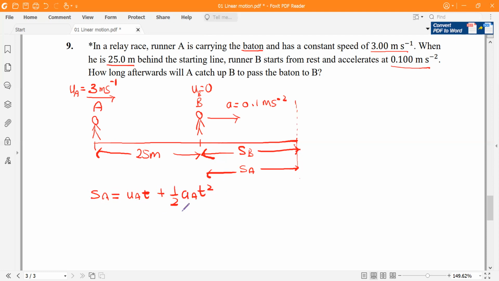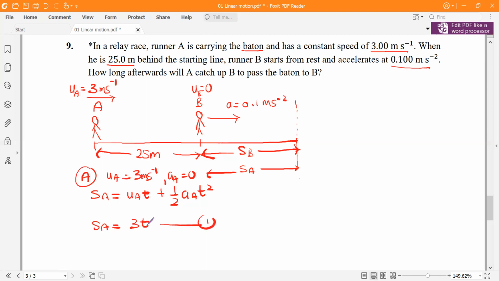But for runner A, my UA is equivalent to the constant speed and my acceleration is equivalent to 0. So therefore SA is 3 multiplied by the time. That is my SA, the distance traveled with a constant speed.